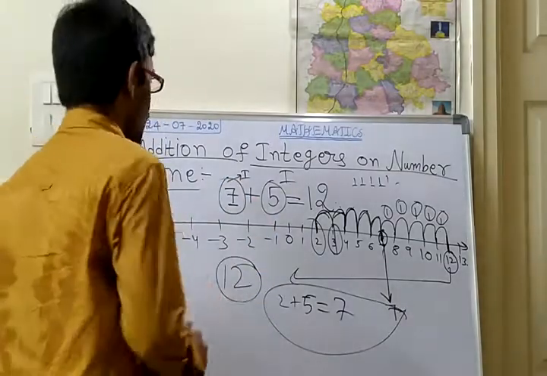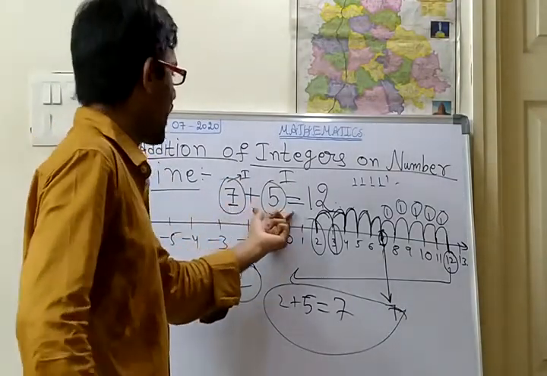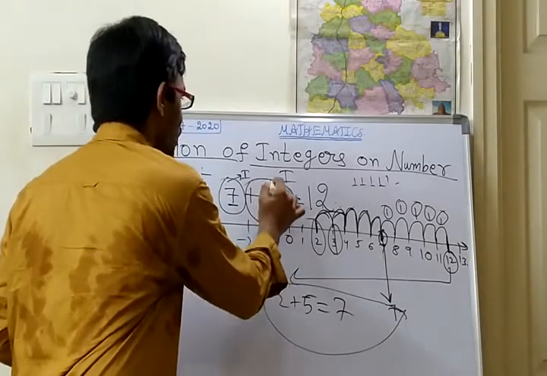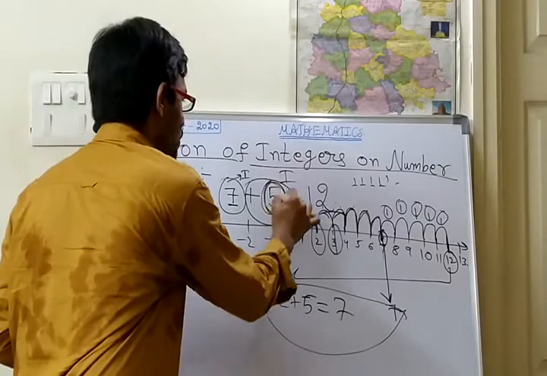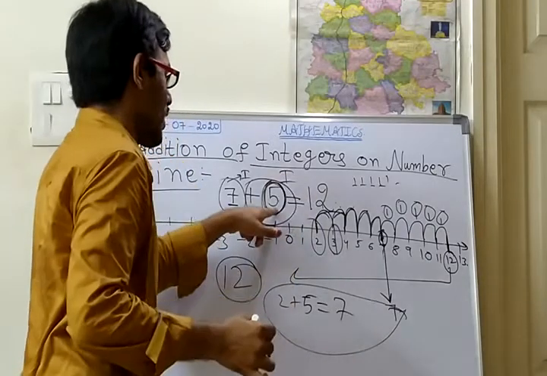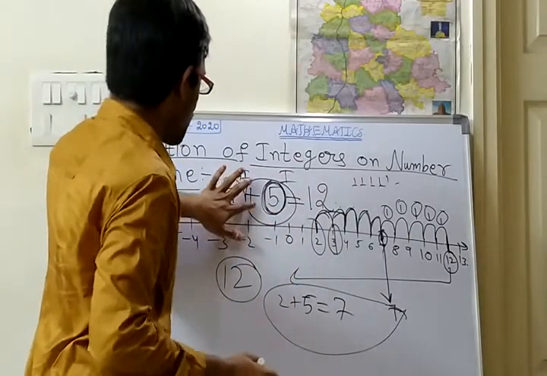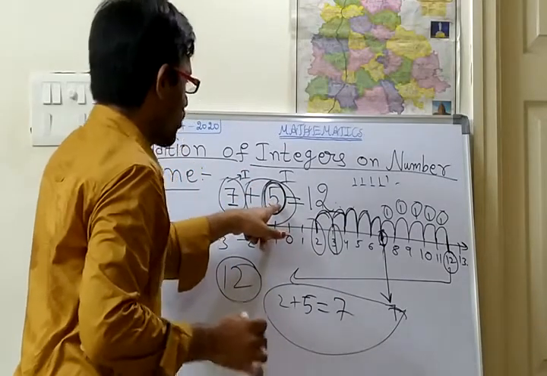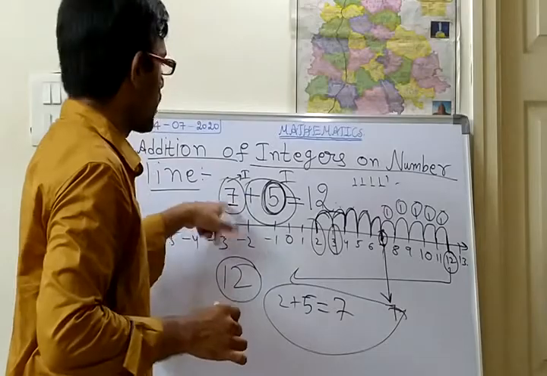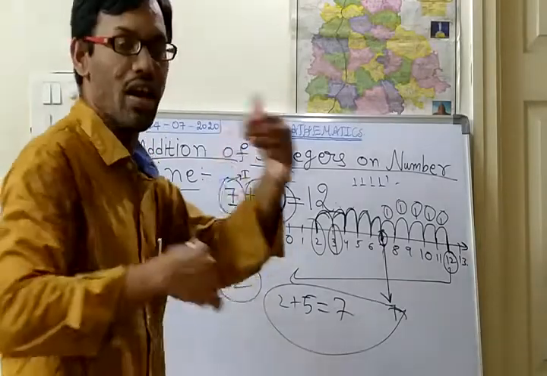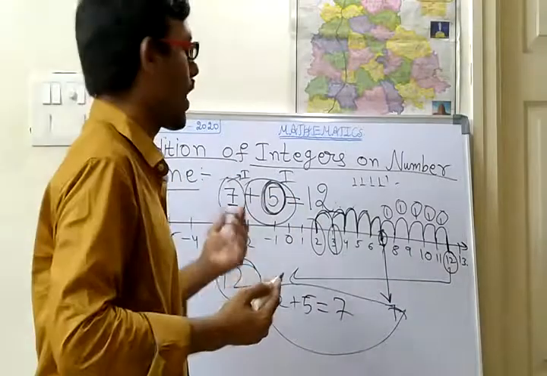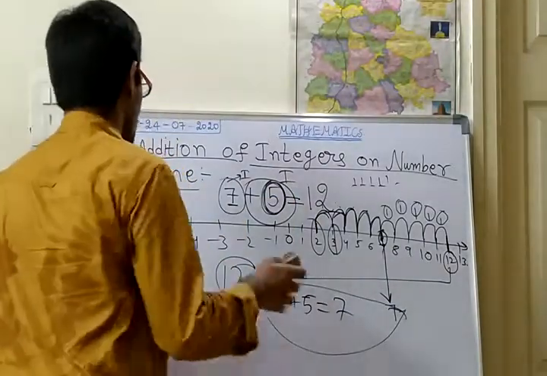Up to now we have added a positive number. 5 is a positive number, so this is addition only. Here we are adding 5 to this integer. Suppose instead of 5 we are adding a negative number, what will happen? We shall see.